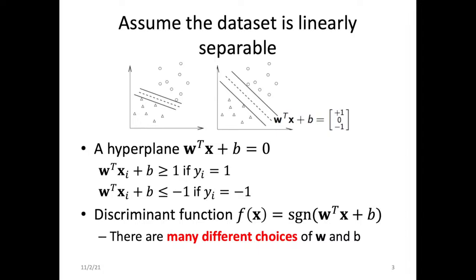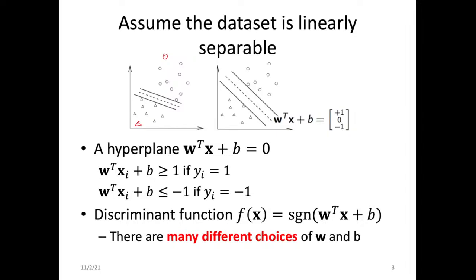We have some circle class and triangle class, and they are indeed linearly separable. You can see that there are, in fact, an infinite number of linear classifiers that can perfectly separate these two classes.